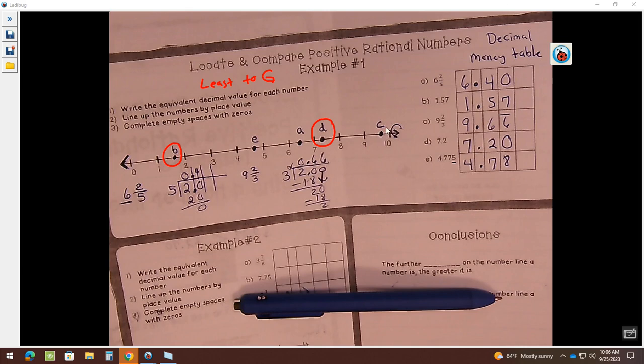Let's say I want to compare C against A. Who did I mention first? C. So you would say point C is greater than point A. The more you're to the right, the greater you are.